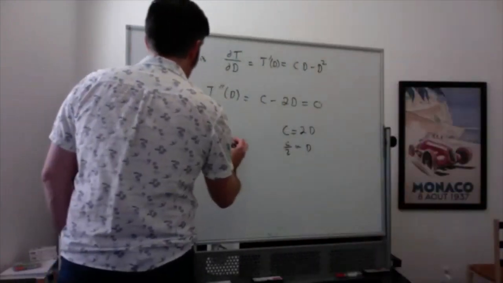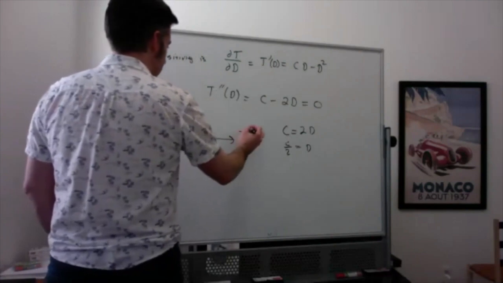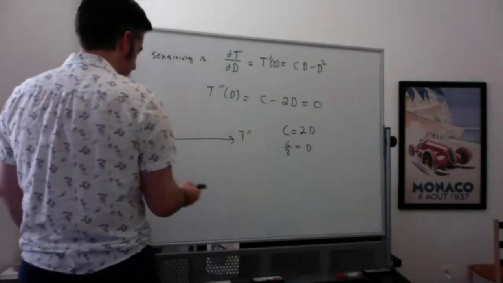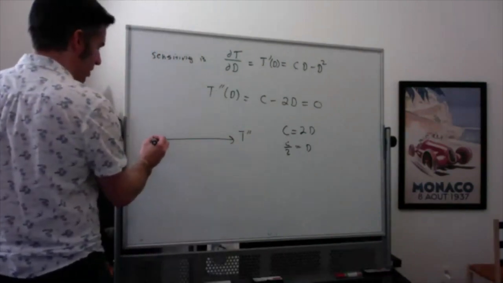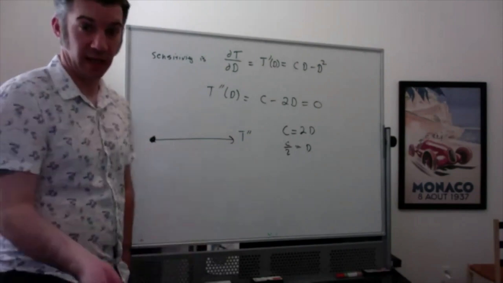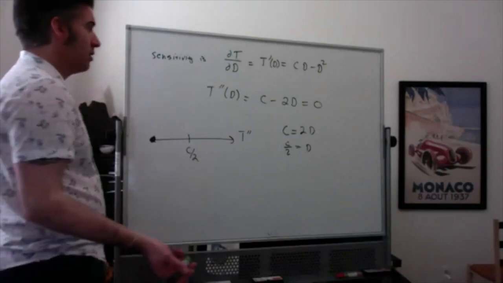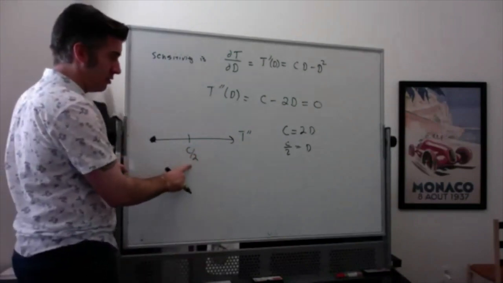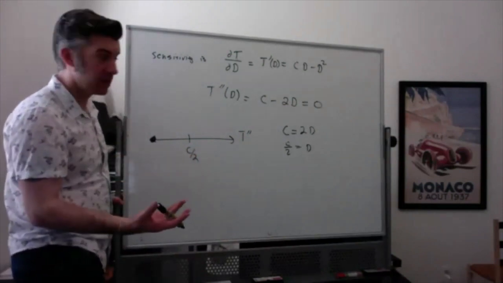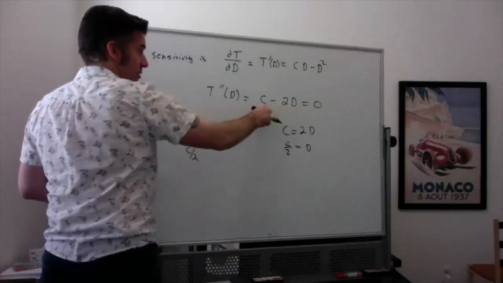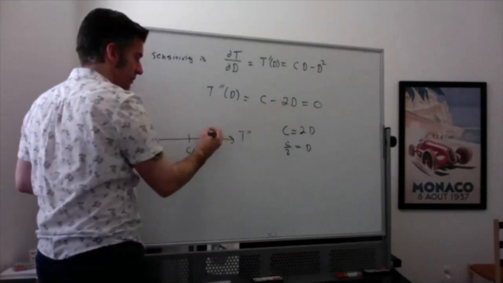So I'm looking at what T double prime is doing now. And again, really I should be starting at 0 because it doesn't make sense to have a dosage that's negative. Here's my critical value of C over 2. So pick a number larger than C over 2, like C, and plug it in for D. C minus 2C is negative.